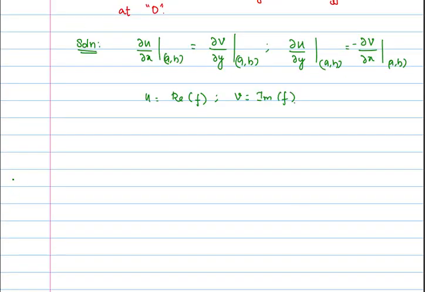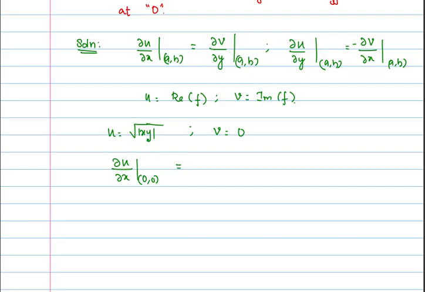Next, I want to write it. u equals square root of the absolute value of xy, because whenever I take the absolute value it becomes a positive number. What is v? v is 0, as given. First I want to find the partial derivative ∂u/∂x at (0, 0).